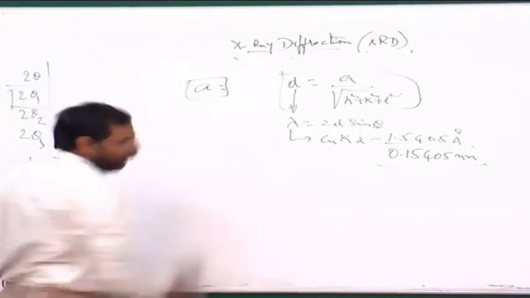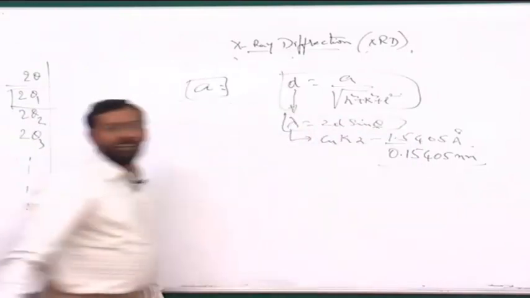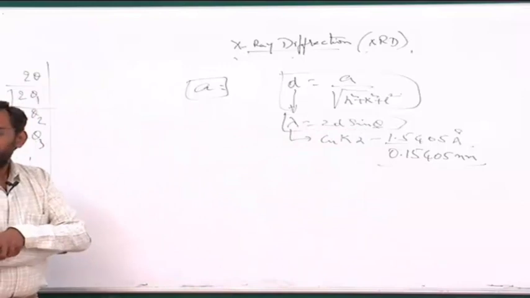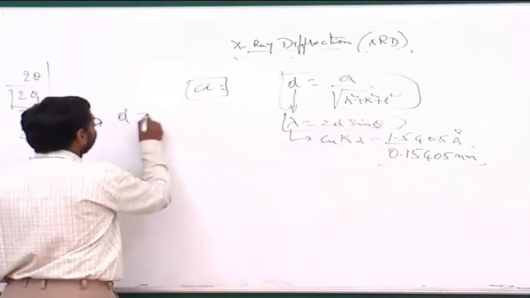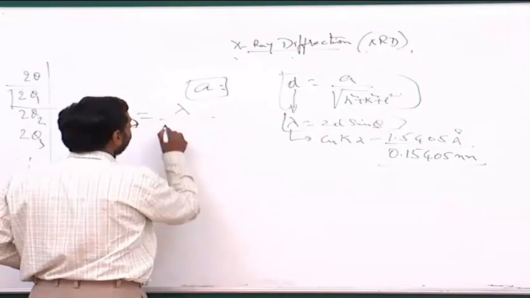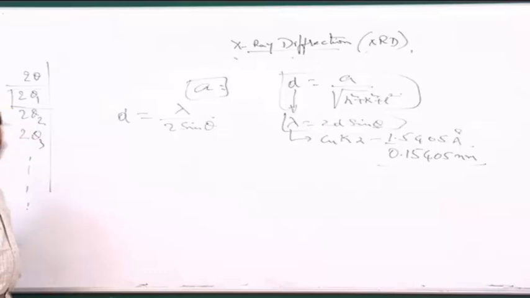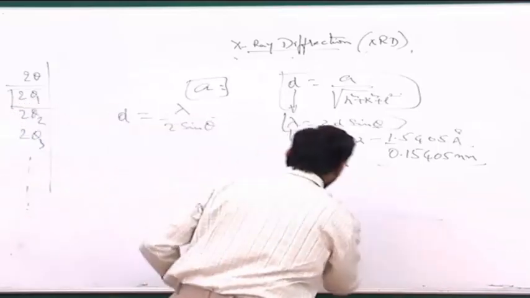If you look at our Bragg's law, it is lambda equal to 2D sine theta. And if I want to find out the D, I find it as lambda by 2 sine theta. And what I'm getting from my XRD pattern, am I getting sine theta?